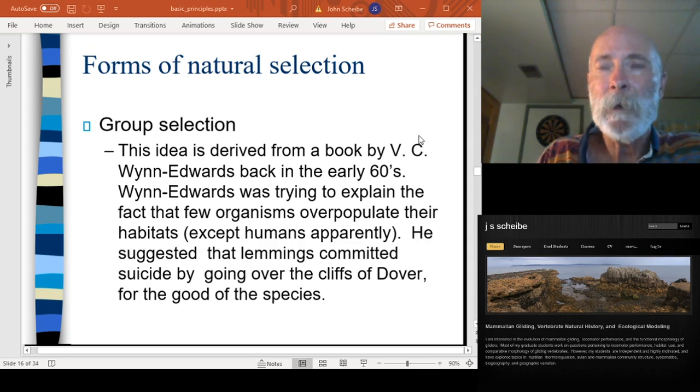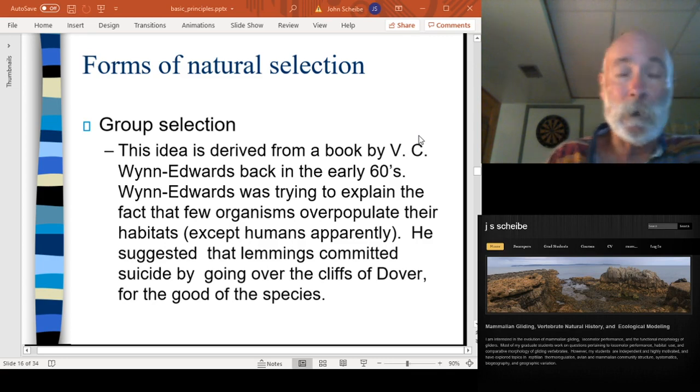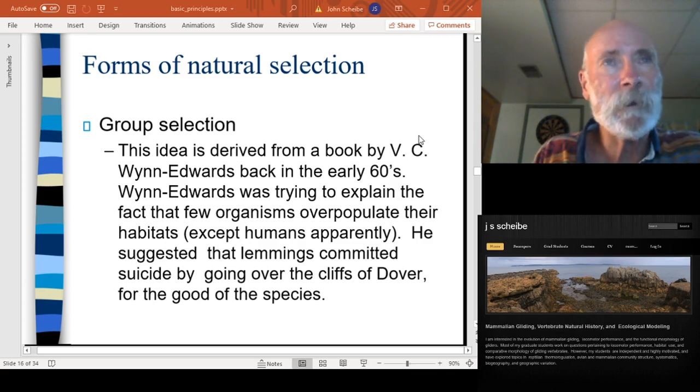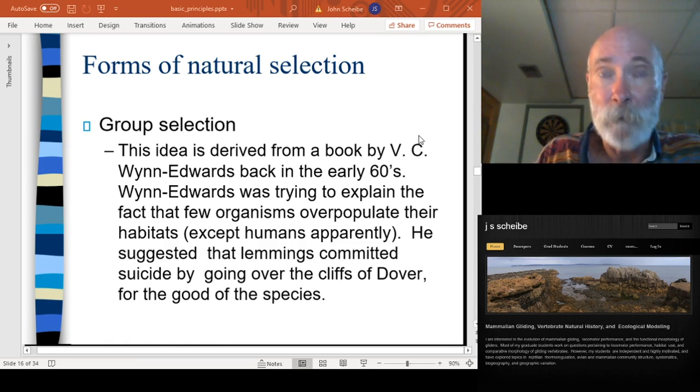But think of it in this way: if you're a lemming and a large group of lemmings are rushing to the cliff to commit suicide, and you stop and watch the other lemmings go over the cliff, all of those alleles for that behavior have been now removed from the population. And now you return to the other lemmings and then commence to reproduce. Your alleles have persisted.